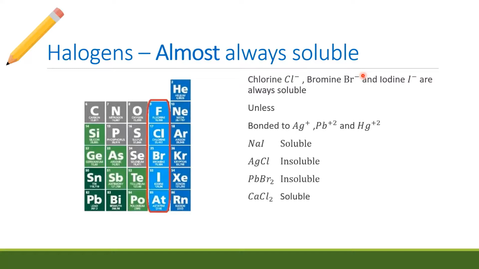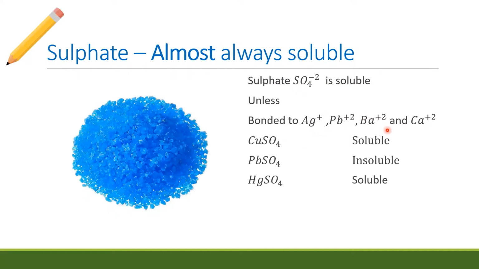Halogens, pretty much soluble, but sometimes there are exceptions. The exceptions are silver, lead, and mercury, Ag, Pb, Hg. Sulfate, also almost always soluble, but there are more exceptions: silver, lead, barium, and calcium, Ag, Pb, Ba, Ca.